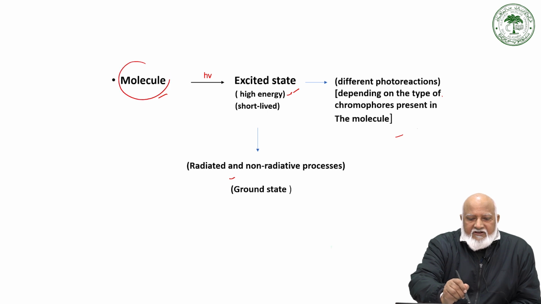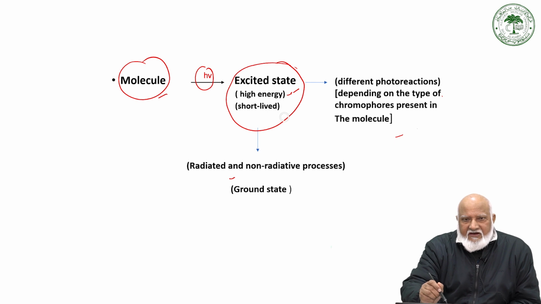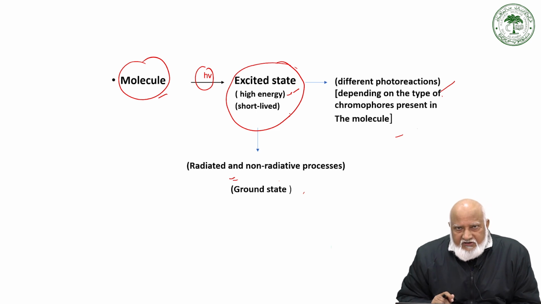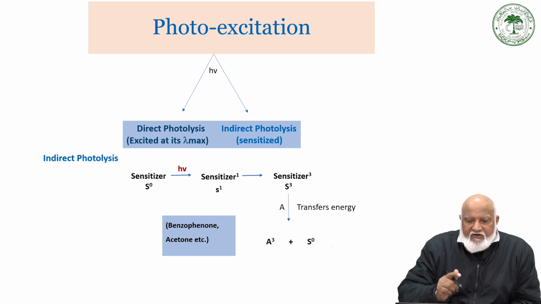So a molecule in the ground state on absorption of light goes to an excited state. These excited states are high energy species, short-lived, can undergo different radiative and non-radiative processes, or can undergo different photochemical reactions depending upon the type of chromophore present in the molecule. This photoexcitation can be brought about in two ways.